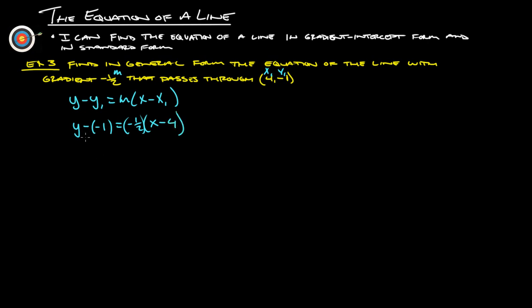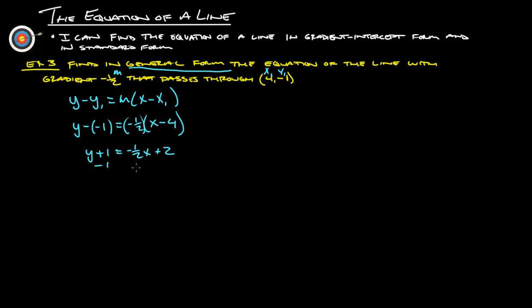Now I'm just going to simplify. y minus -1 is y plus 1 equals -1/2 times x is -1/2 x, and -1/2 times -4 is +2. Since we're trying to go into general form, we have to get the x's and y's on the left side and the constants on the other.